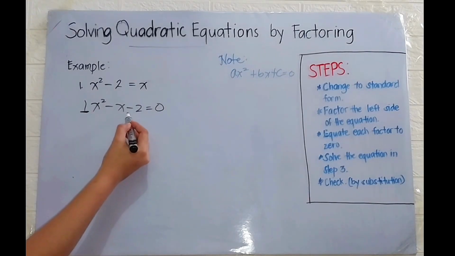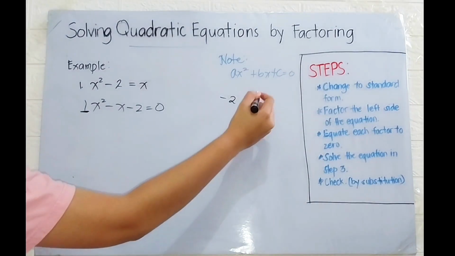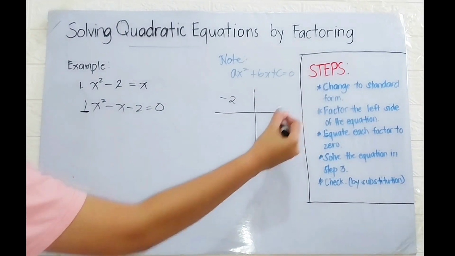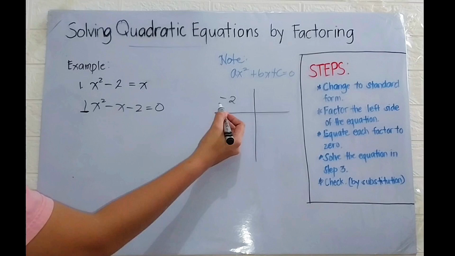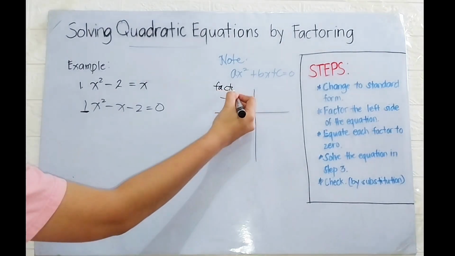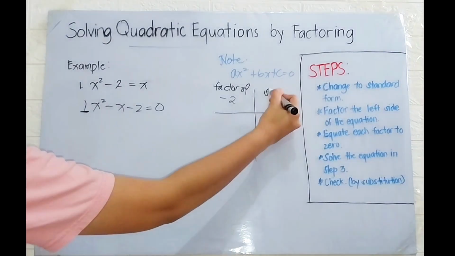If this is the condition, the only coefficient of x squared is just 1. So, punta tayo dun sa c. What is the c? Negative 2. So, you can create a box or a table where the first step is to find the factors of negative 2 and the sum.